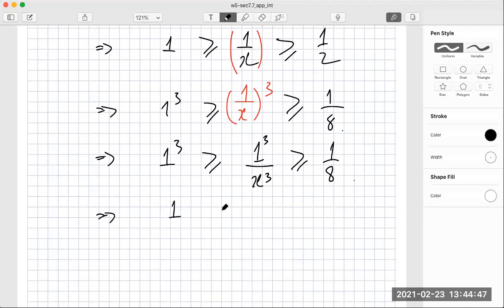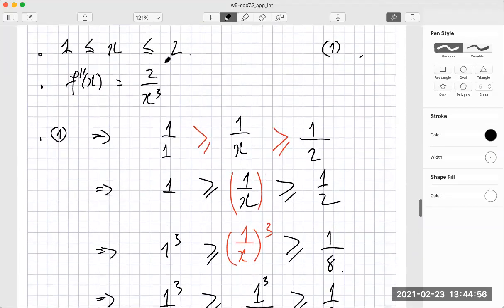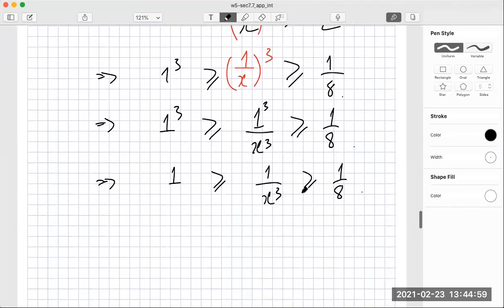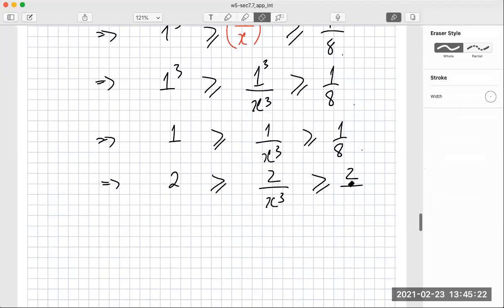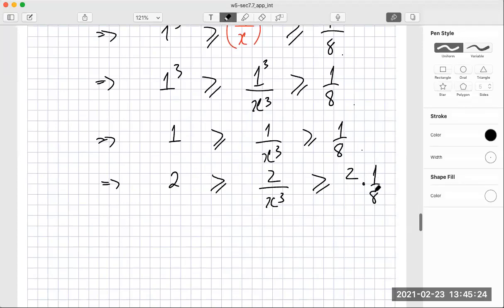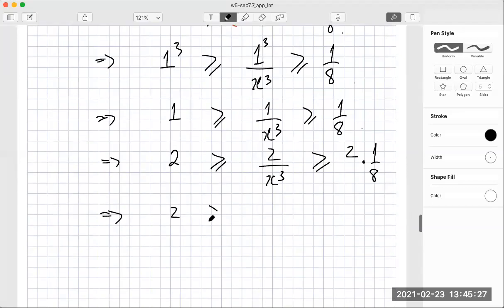In short, let us write it this way. The second derivative has a number 2 here. How can we make it happen? Yeah, we multiply everything by 2. The inequality still holds. Therefore, we have that 2 is larger than this over x cubed, 2 times 1/8 here, or we have this inequality.